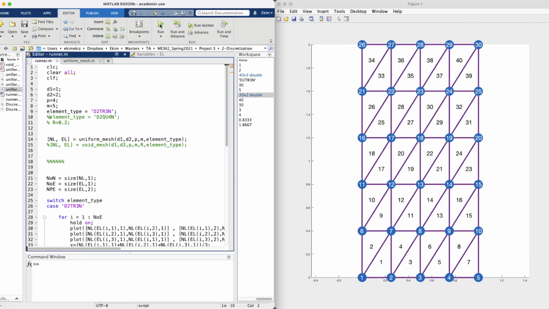Yeah, so see that our number of nodes didn't change, but we now have twice as many elements as we had previously. So this is how we generate a rectangular uniform domain. And next we will see how we generate a square domain that has a void inside of it.